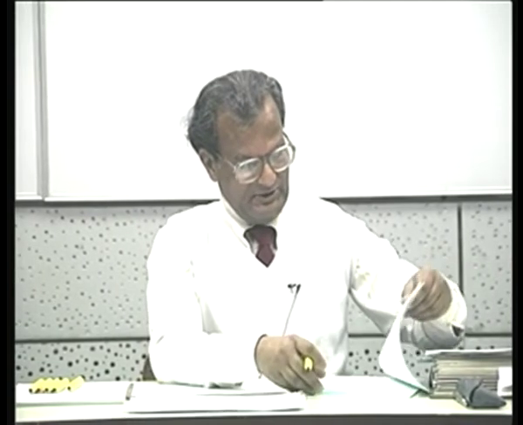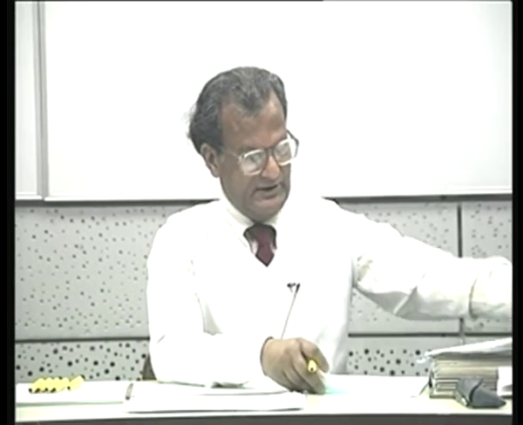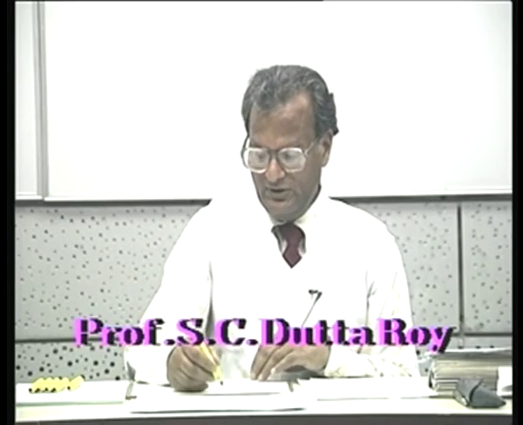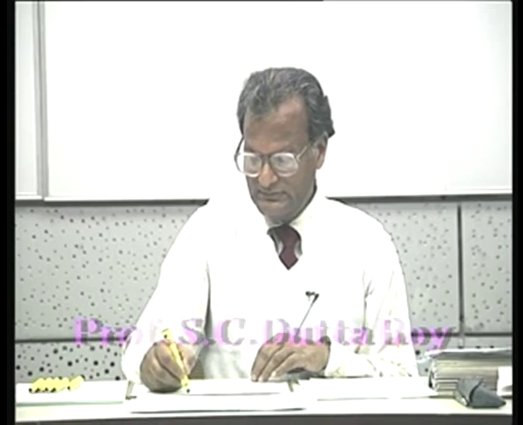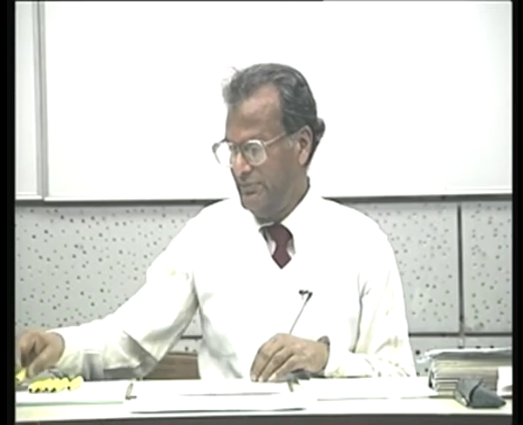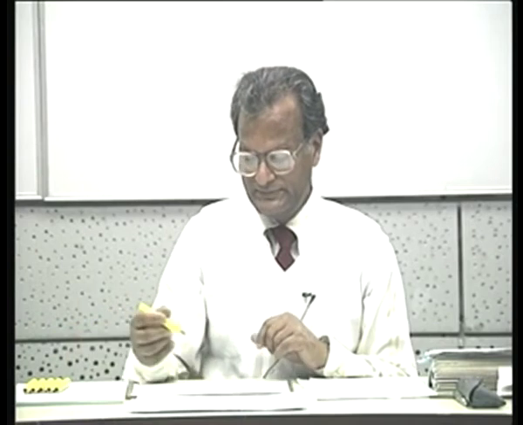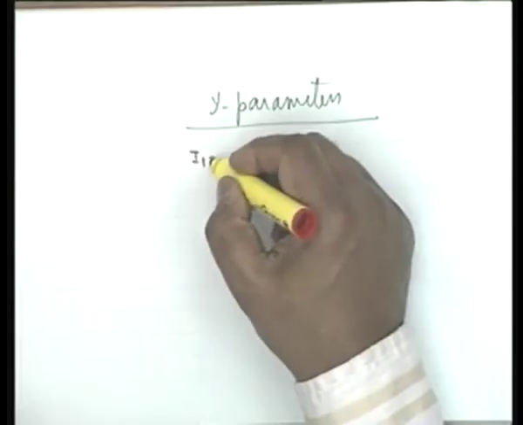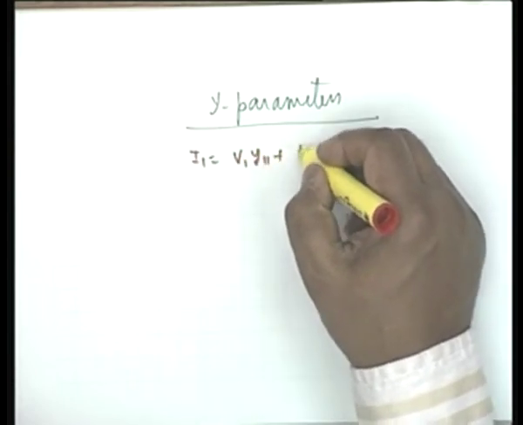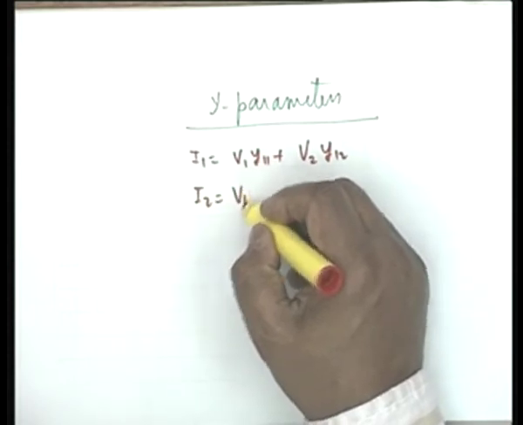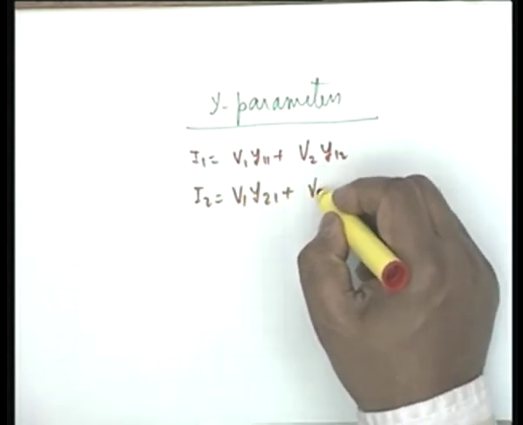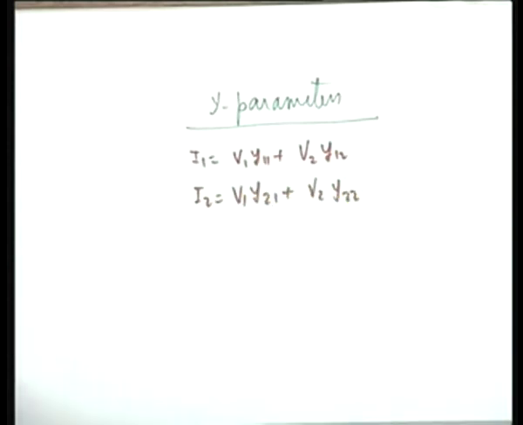We will do a little bit of recapitulation first. If you recall the Y parameters of the two port, well, the defining equations are I1 equal to V1 Y11 plus V2 Y12, I2 equal to V1 Y21 plus V2 Y22.